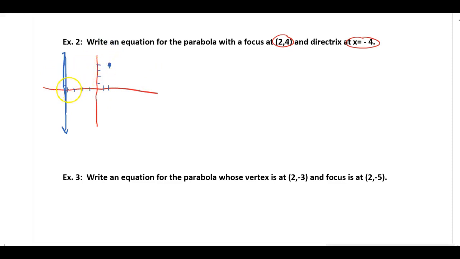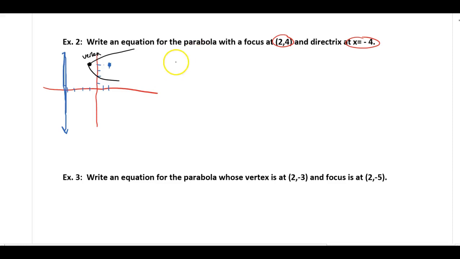So if I go from negative 4, 1, 2, 3, 4, 5, 6 spots, that means I'm going to go left 1, 2, 3 from the focus, and that's where my vertex is going to be. Remember, this is opening right because my directrix is a vertical line.